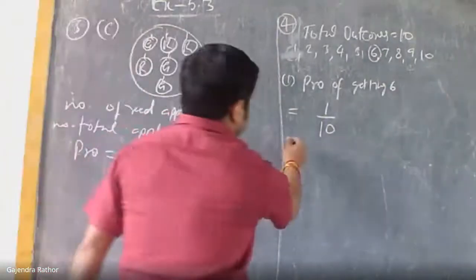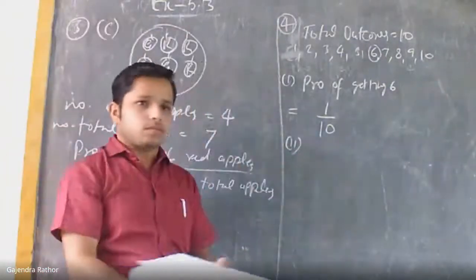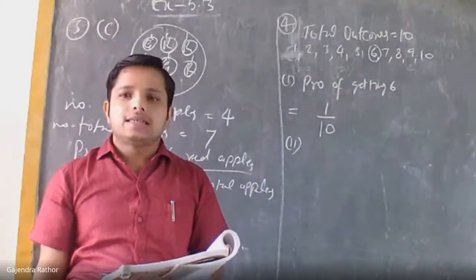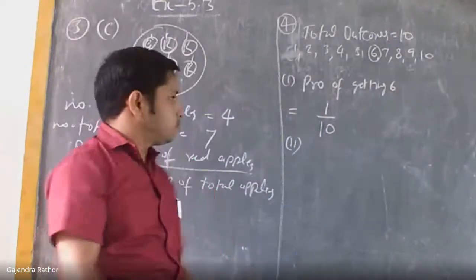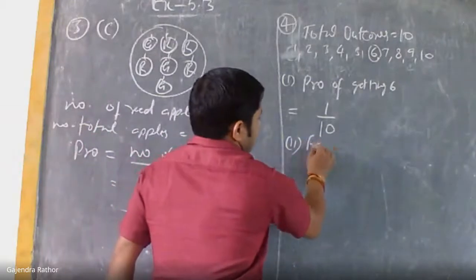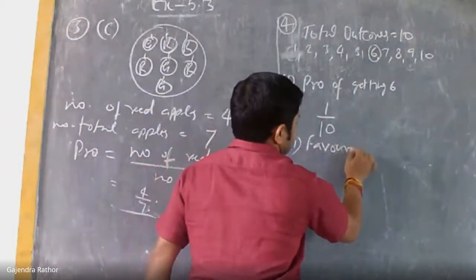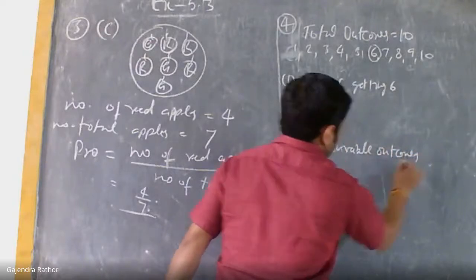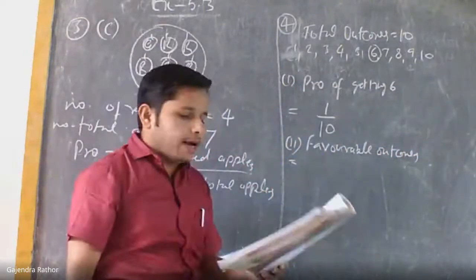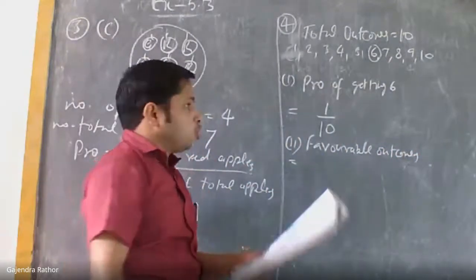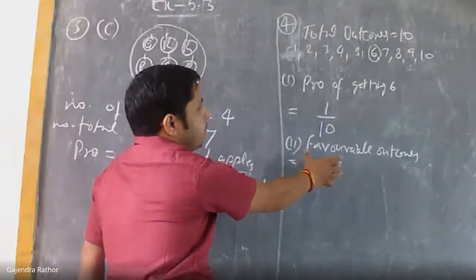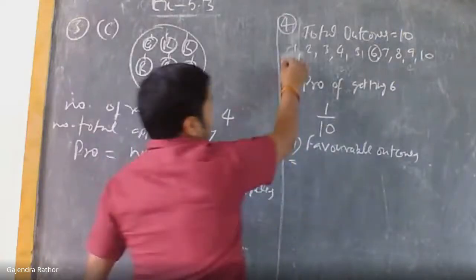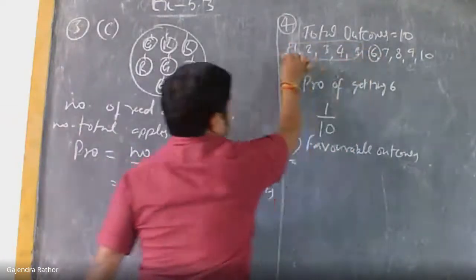Next, second point, getting a number less than 6. So favorable outcomes, getting a number less than 6. We should write how many numbers are less than 6. There are these numbers less than 6.